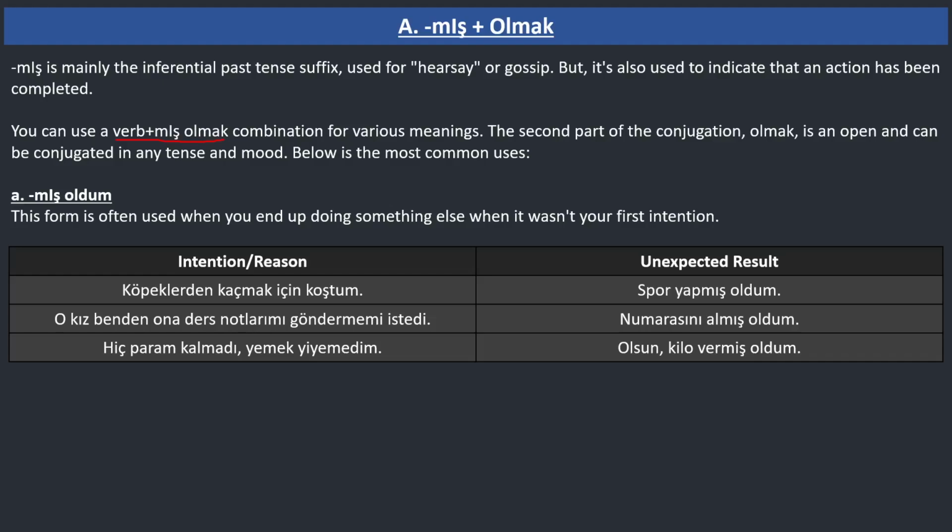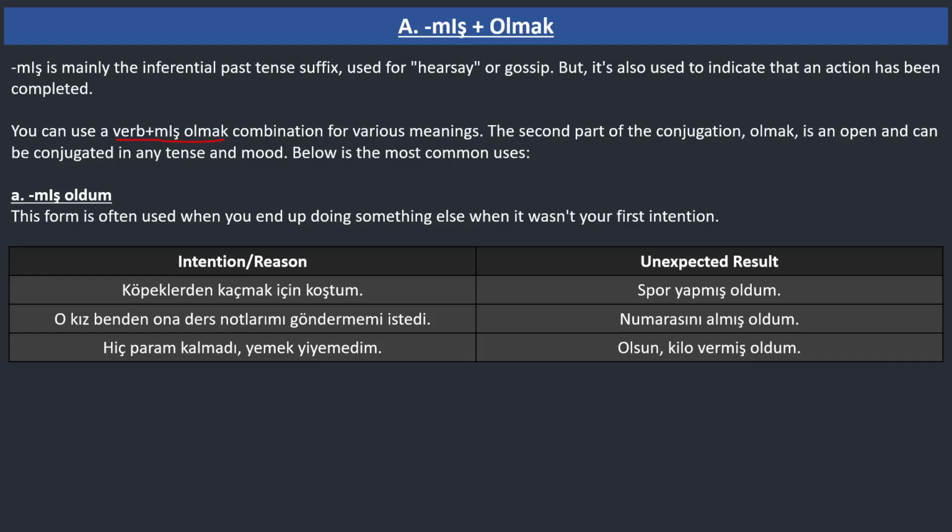Kilo kaybetmek. You can say kaybetmek, but it kind of sounds like a bad thing, like a health problem. When you intentionally drop weight, we say kilo vermek. There is some subtle implication behind it.